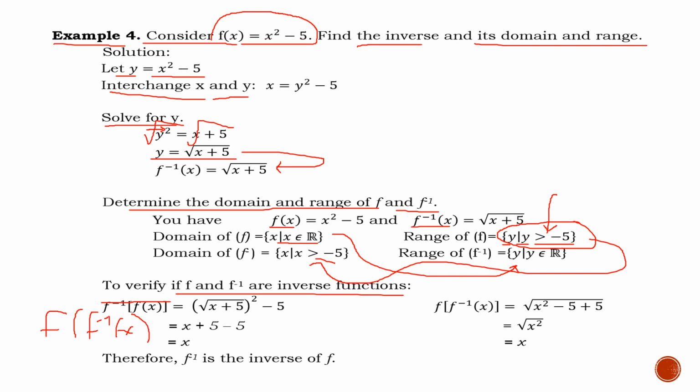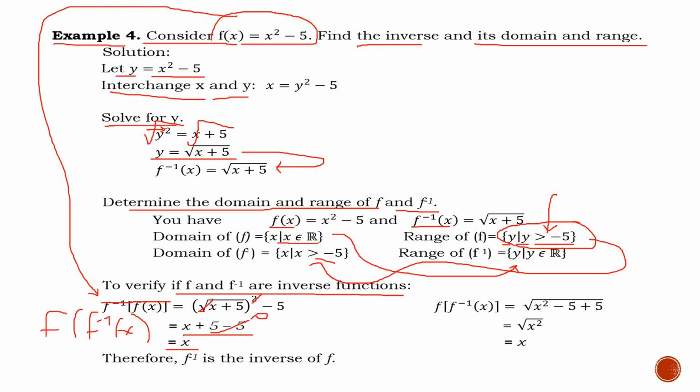We just simply use the pattern from your original function, so it becomes square root of x plus 5, squared, minus 5. So the square root will be cancelled with the exponent, and the remaining value is x plus 5 minus 5. Since 5 minus 5 is equal to 0, the resulting value for this one is equal to x.